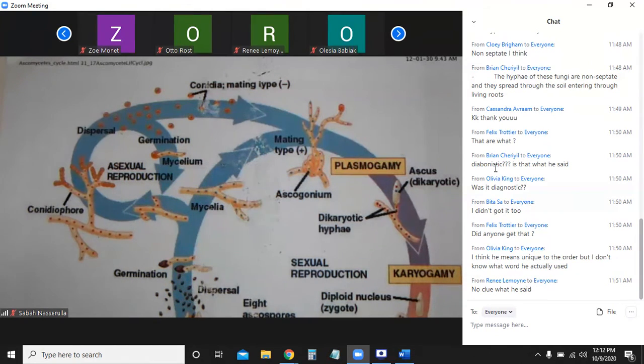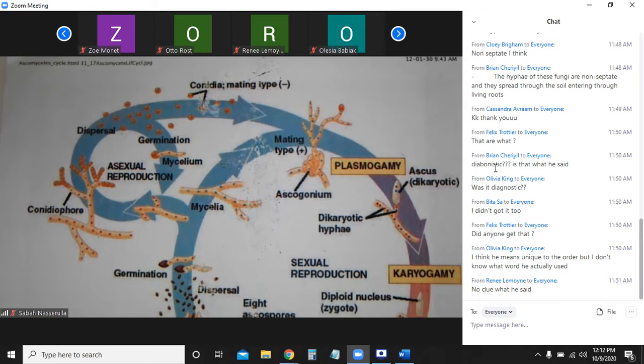Plasmogamy is the stage in which the two cytoplasms unite, but the two nuclei remain separate. You got this point here now. In the other fungi, most of the time after plasmogamy, karyogamy will follow quite soon or quickly.